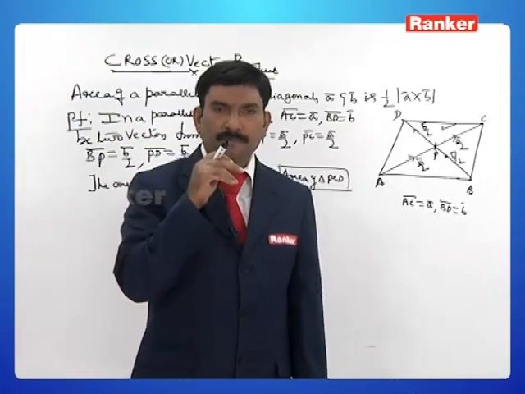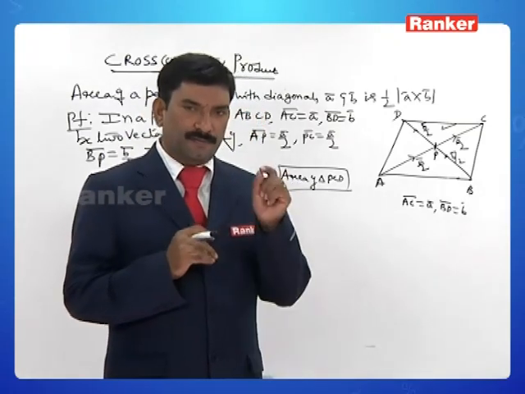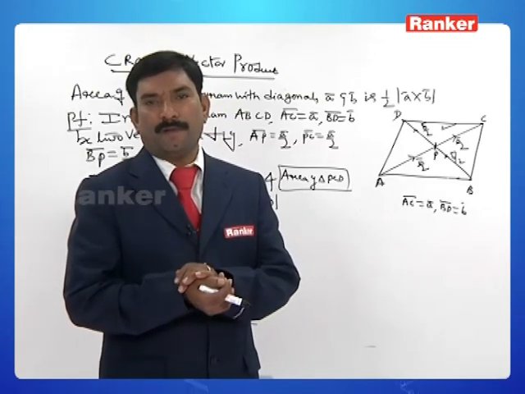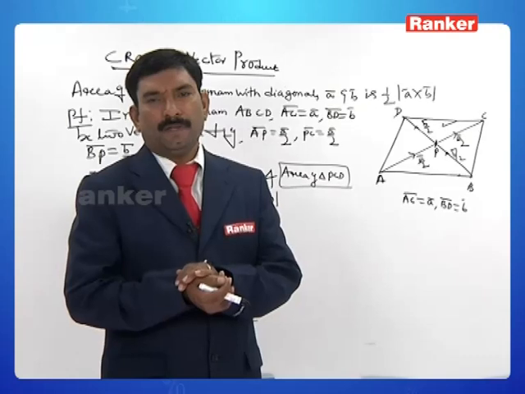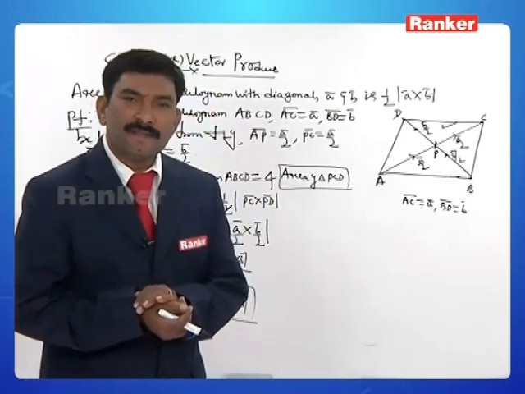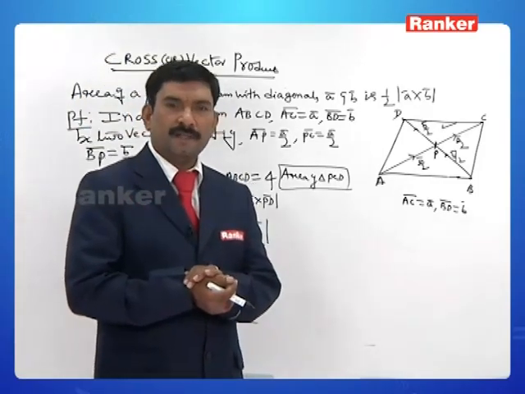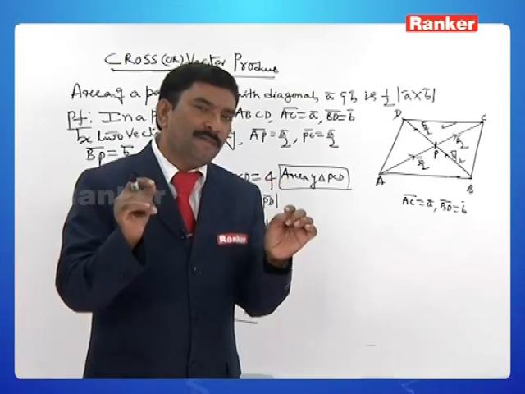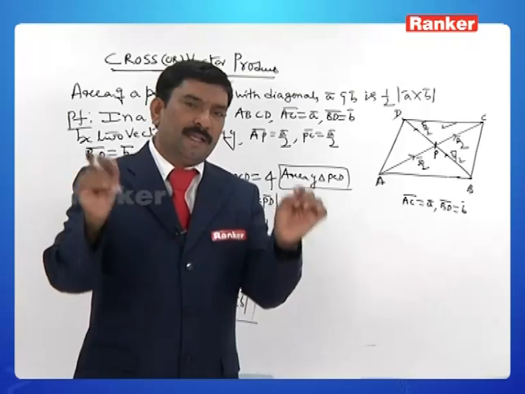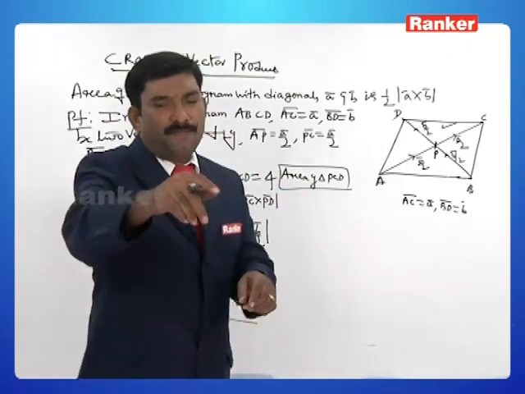Remember the comparison between the area of the parallelogram with A bar and B bar as adjacent sides and the area of the parallelogram formed by the diagonals A bar and B bar, which is always equal to the area of a triangle.